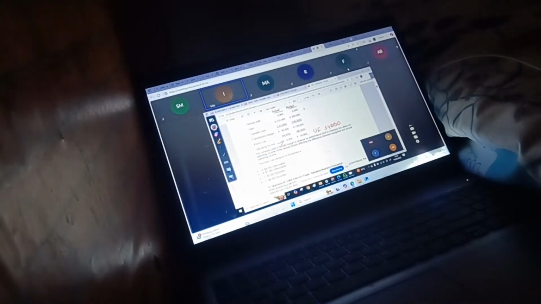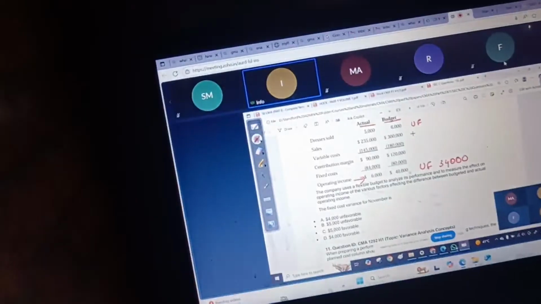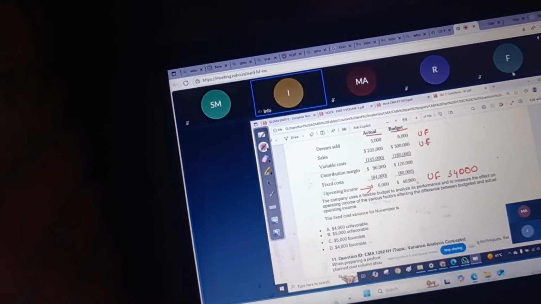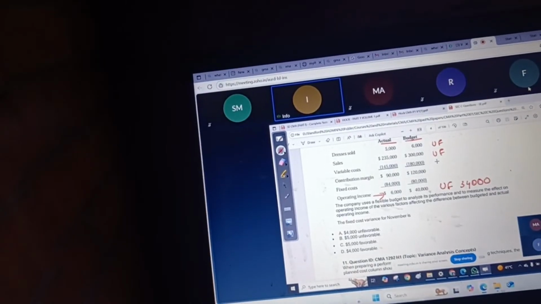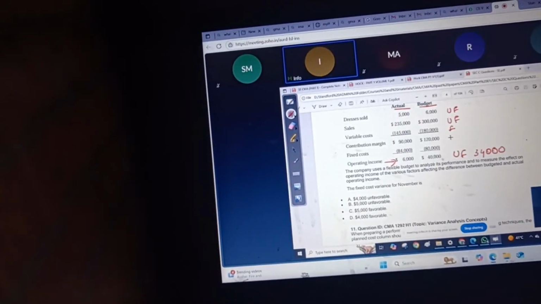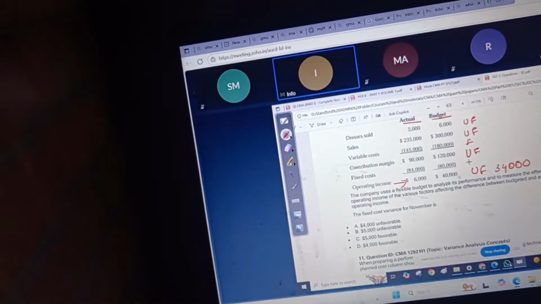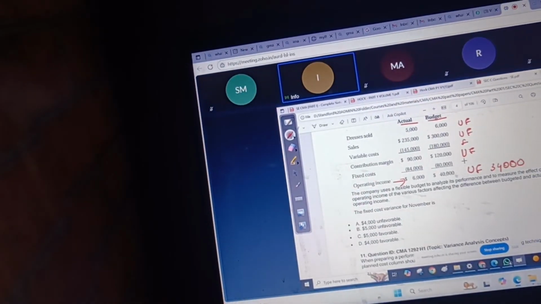Is it favorable or unfavorable? Unfavorable. And the amount is just about minus, so forget about it. Sales. Unfavorable. Variable cost. Unfavorable. No, favorable. Actual is lesser than the budget. Contribution margin. Unfavorable. Fixed cost. Unfavorable.